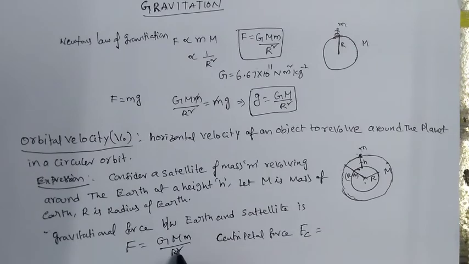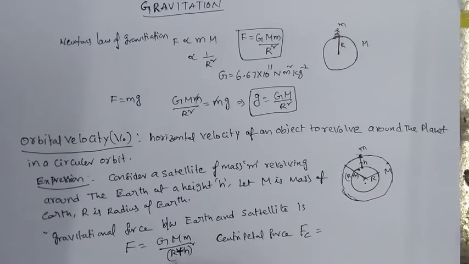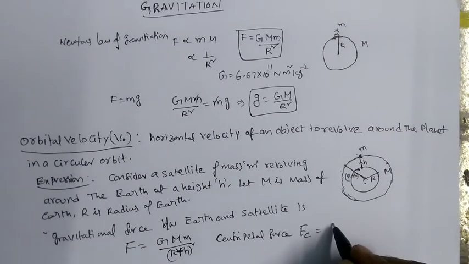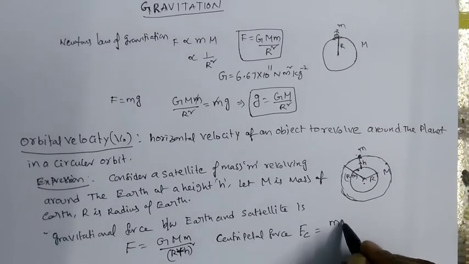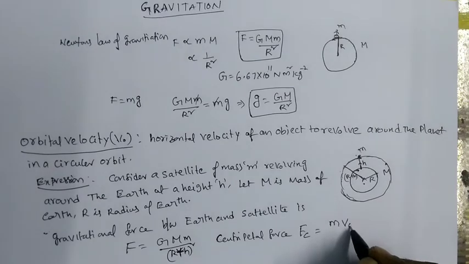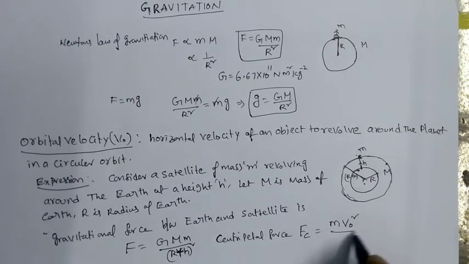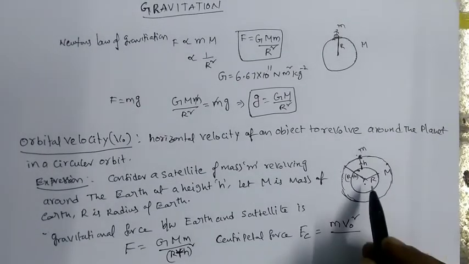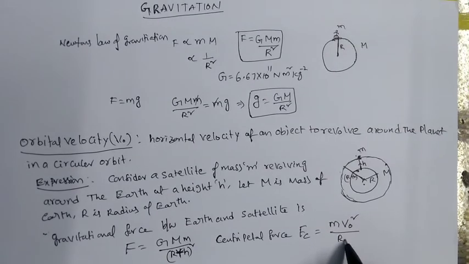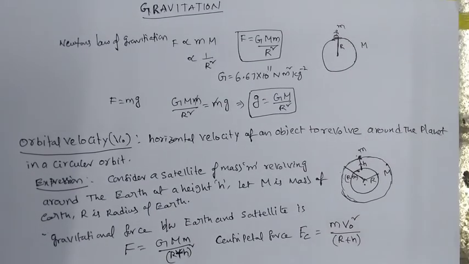That means in place of R you can write R plus h whole square. Now, what is the centripetal force acting here? Same formula, m v naught square, where v naught is the orbital velocity, by the distance. The distance between these two is, as usual, R plus h.